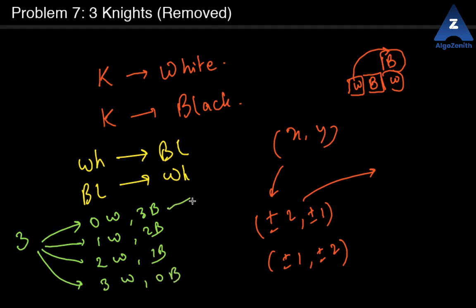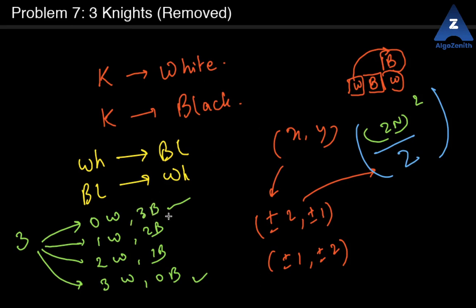Now the first and last are easy because there are 2n square number of board squares, and out of these, exactly half are white and half are black, since the board is even. Now if these are the number of white squares or black squares, we know that if you place 3 knights on black squares, they won't attack each other because a black knight attacks a white square.